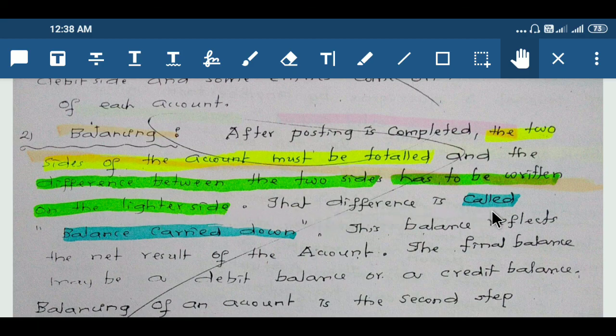The difference is called balance carried down. This balance reflects the net result of the account. The final balance may be a debit balance or a credit balance. Balancing of an account is the second step.